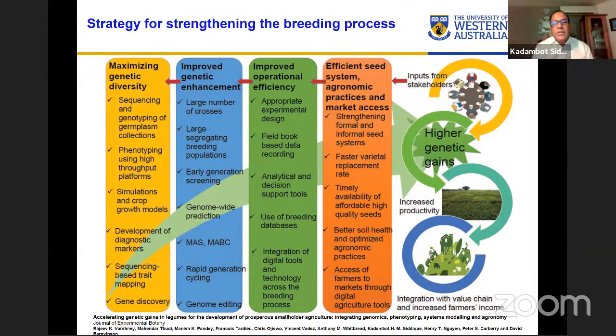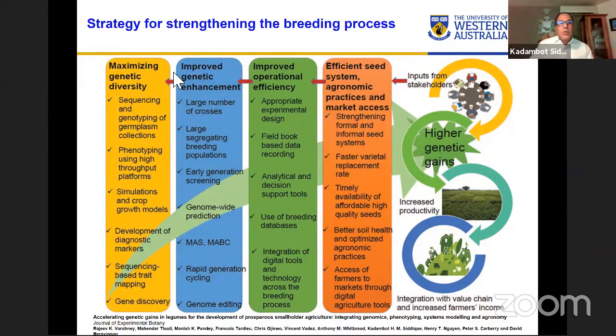So the approach is like this: maximize the genetic diversity. We need to look at a large germplasm. Fortunately, the germplasm is available. Sequencing and genotyping of the germplasm collection. Phenotyping, I was focusing more on the phenotyping. Simulation and crop growth models, very important. Development of diagnostic markers, sequencing-based trait mapping, and gene discovery.